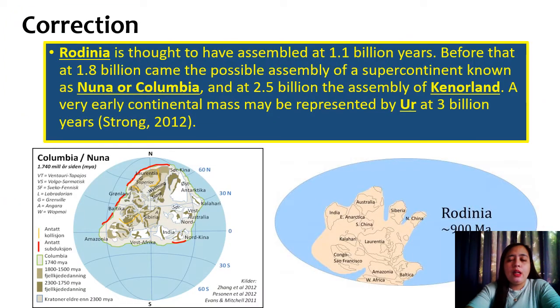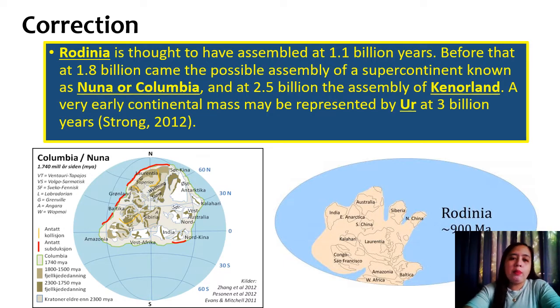Let me emphasize a correction from last meeting on the idea of the first supercontinent. We thought that Rodinia was the first supercontinent. However, research has shown that Rodinia is thought to have assembled only 1.1 billion years ago.